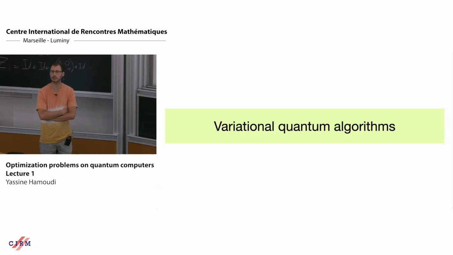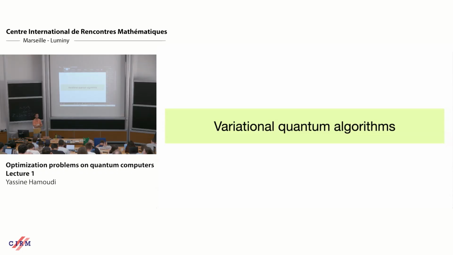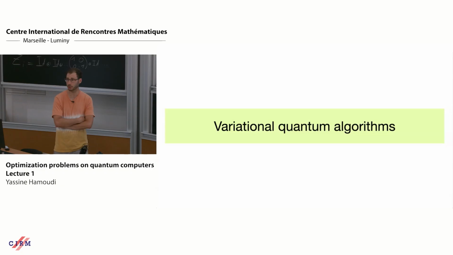Yes? How hard is it to generate the matrix H0 so that it doesn't commute with H1? Because it can be big. The question is, how hard is it to find H0 that does not commute with H1? That is not very complicated. In general, here it was quite obvious: one was in the Z basis, the other one in the X basis.